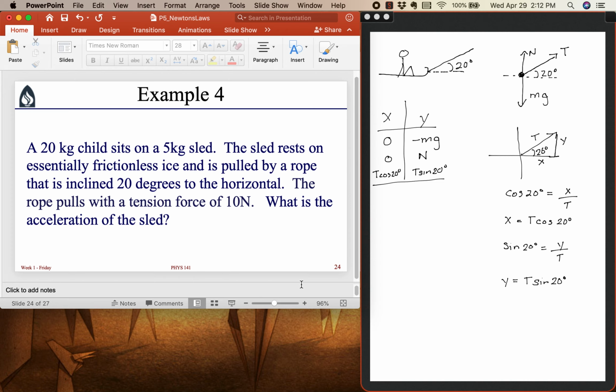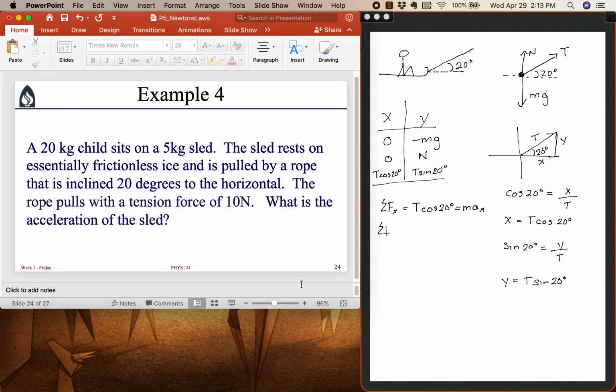So now I can sum my forces. If I sum the forces in the x direction, I only have one force in the x direction, and that would be T cosine of 20 degrees, and that's going to be equal to the mass times the acceleration of the sled in the x direction.